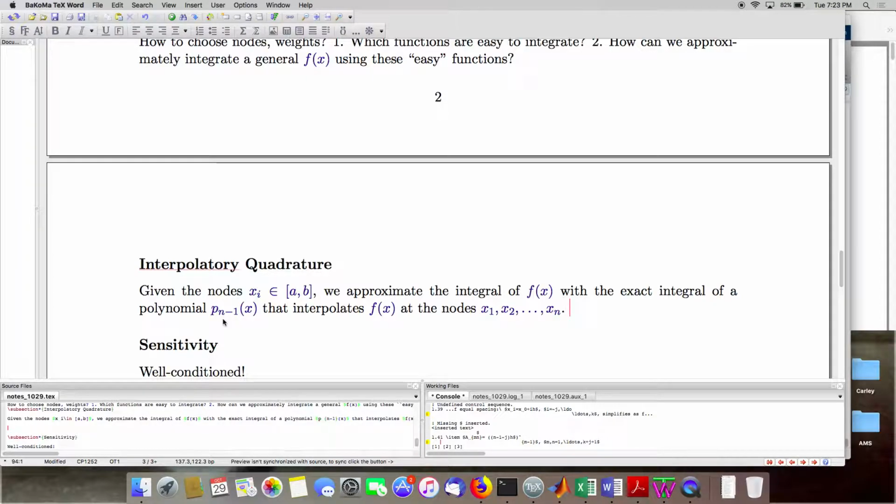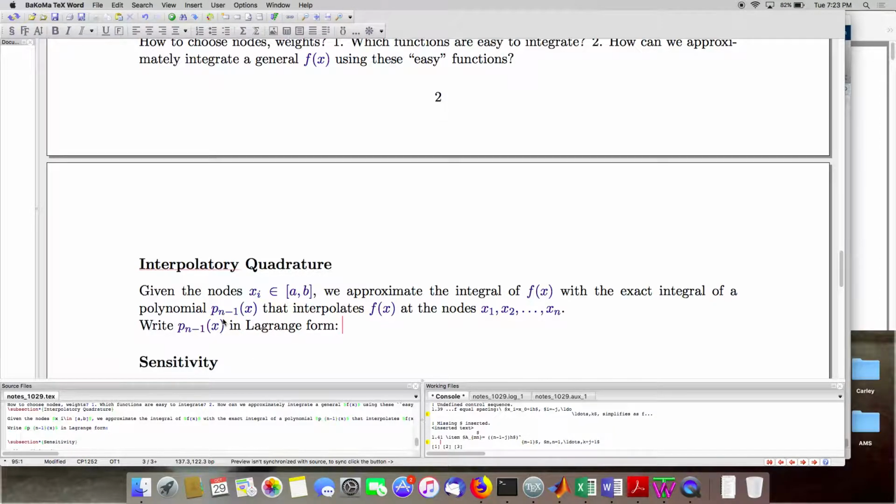So we take a closer look at that. We write P_{n-1} in Lagrange form.